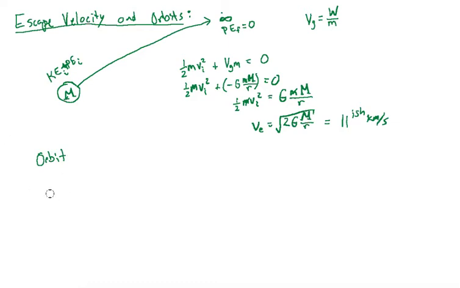So let's do our planet again, mass M in the middle, and then we'll have our small little object out here going in a nice circular orbit, where the radius stays the same the whole time. And at this point, this becomes a centripetal force problem.